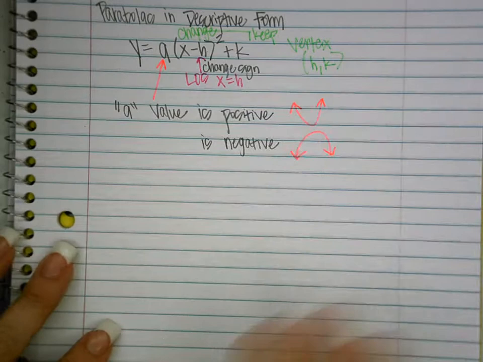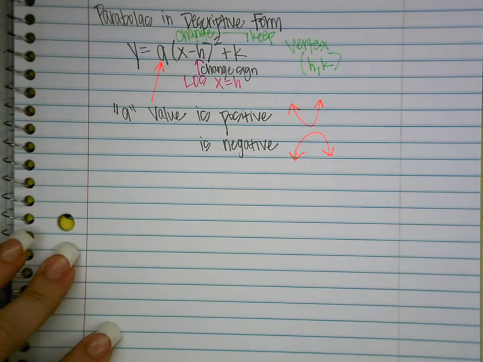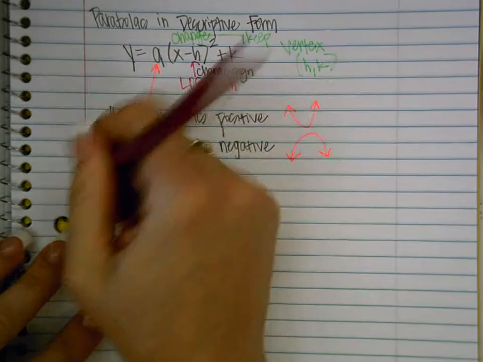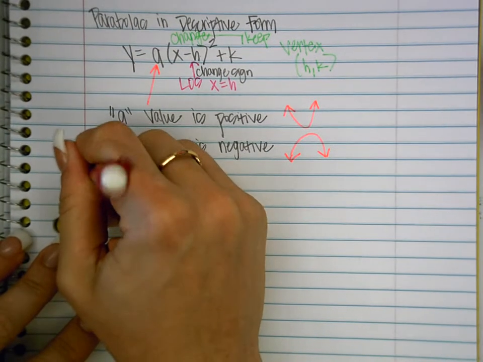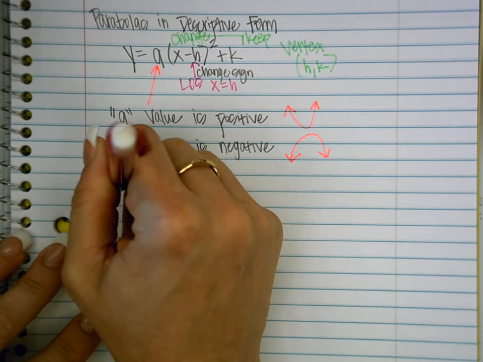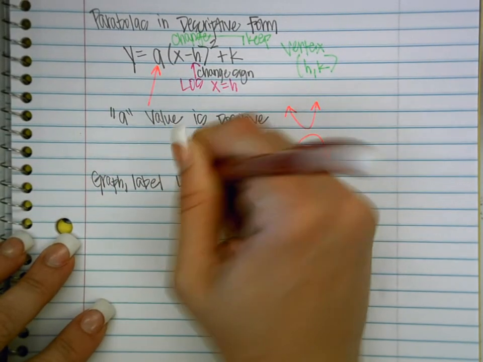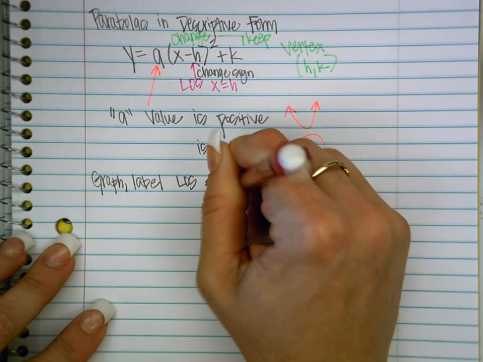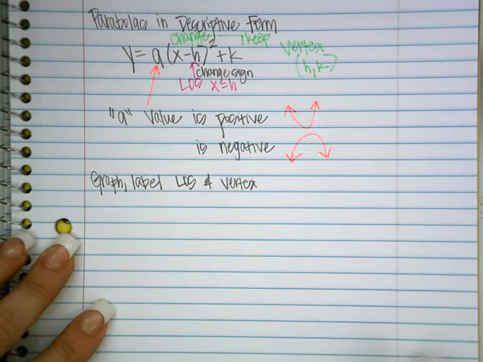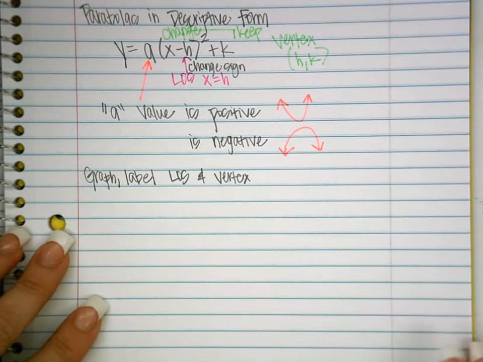Today I'm going to ask you to graph, label line of symmetry and vertex.